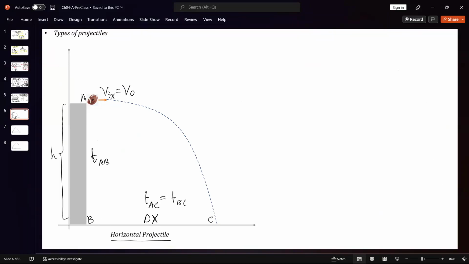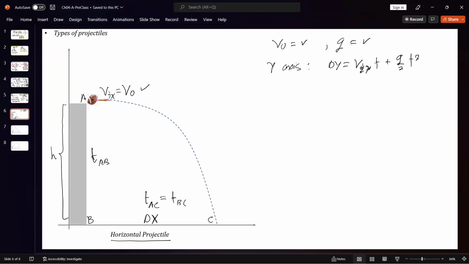Now again, if I know V0, then I can find all the other parameters, right? If I know V0, and we also know gravity, then I can consider the y-axis direction. I can apply delta y is equal to v initial y times t plus g over 2 t to the power 2.